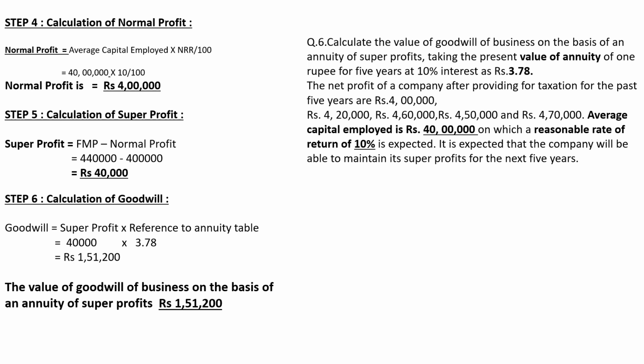First step is what? Calculation of FMP, future maintainable profit. Step number 2 is the normal rate of return. Step number 3, you have to calculate average capital employed. Step number 4, calculation of normal profit. Step number 5, calculation of super profit. Step number 6, calculation of goodwill.